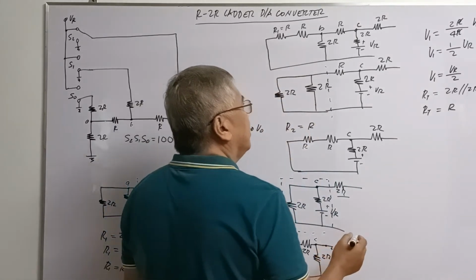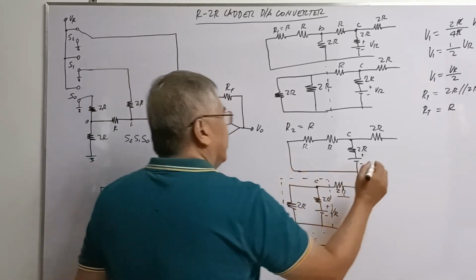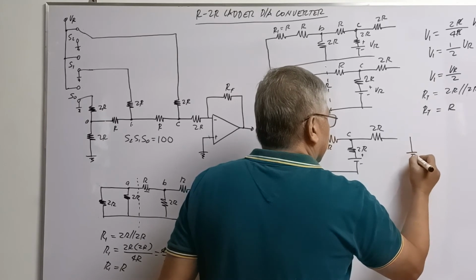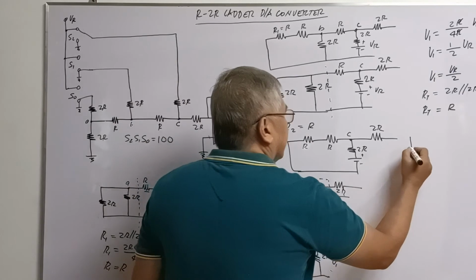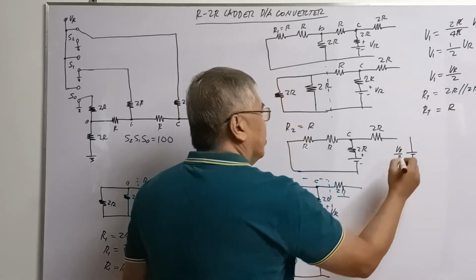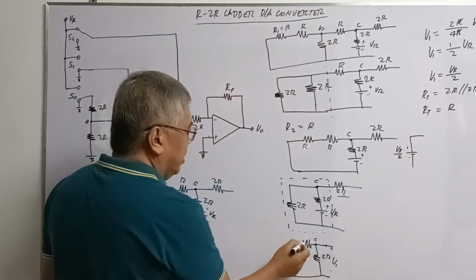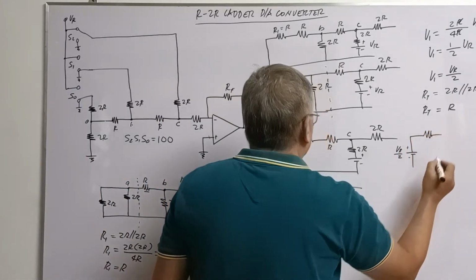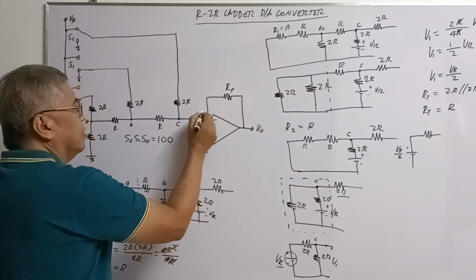So, therefore, if we redraw the circuit now, you will have the source, which is equivalent to V sub 1, that is VR over 2. We have plus minus, and then the total resistance R, in series with your 2R here, this one.